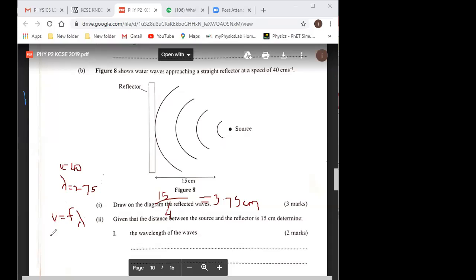Do the substitution. 40 is equal to F, that we want to get, multiplied by 3.75. So divide every side by 3.75, and our F is going to be 10.67 hertz. So that is going to be our final answer to that question. We move to the next one.